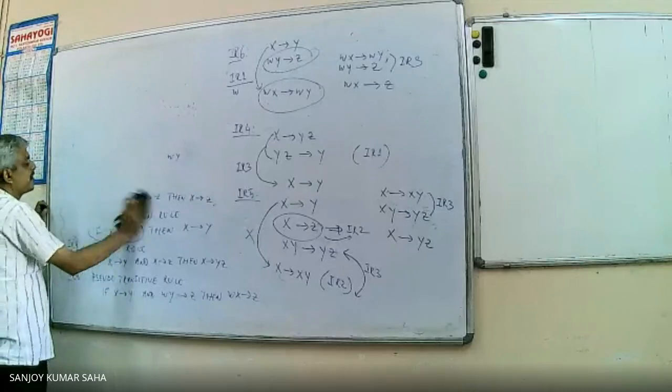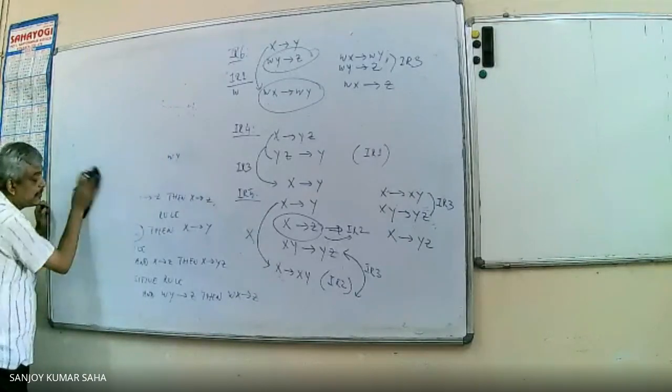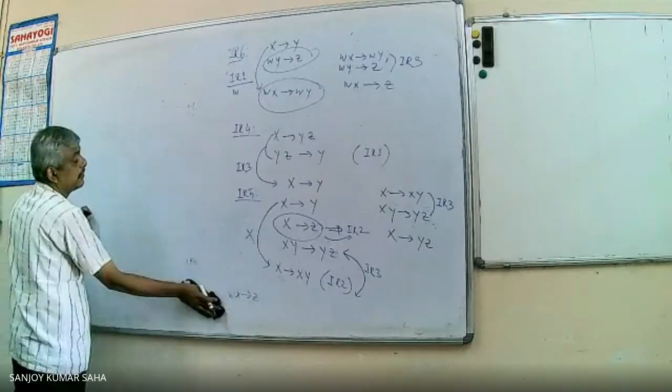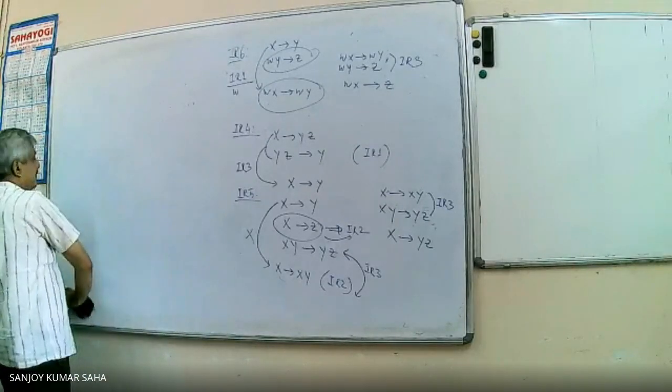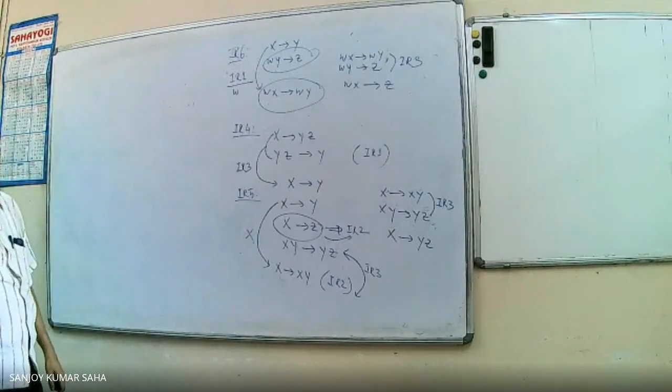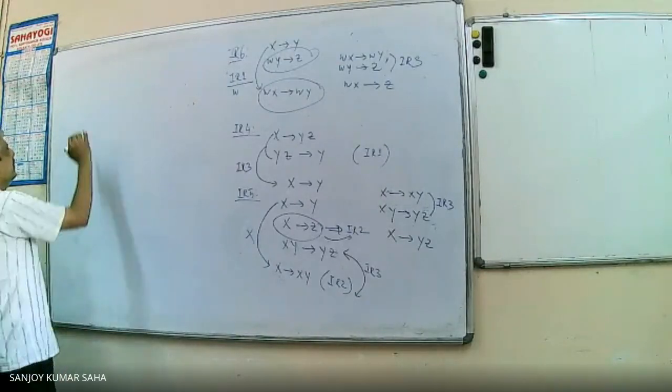So given a functional dependency set on a relation, we can infer other functional dependencies applying these inference rules.